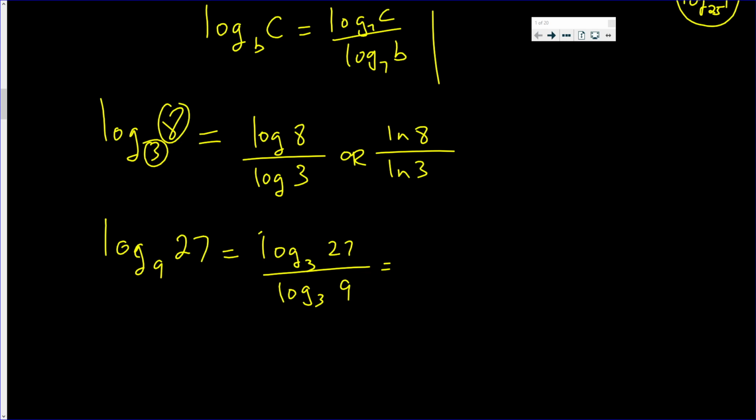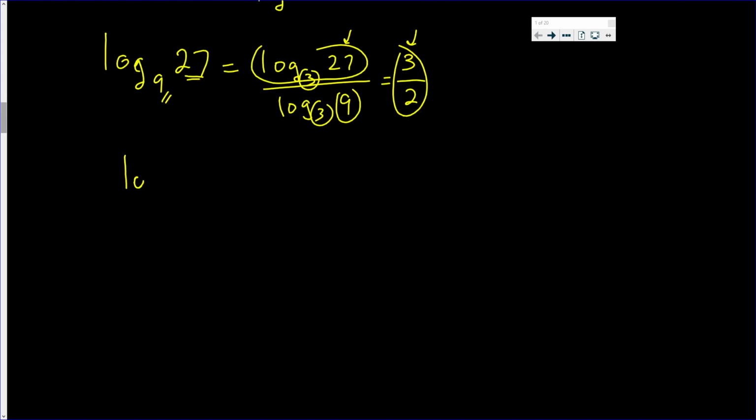Now, I know what this is. 3 to the third power gives you 27. And 3 to the second power gives us 9. The answer is 3 halves. Now, this only worked because I was able to write both of those numbers as a power of 3.